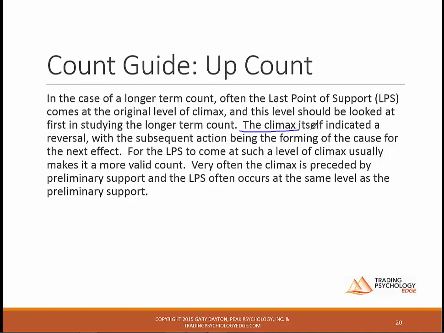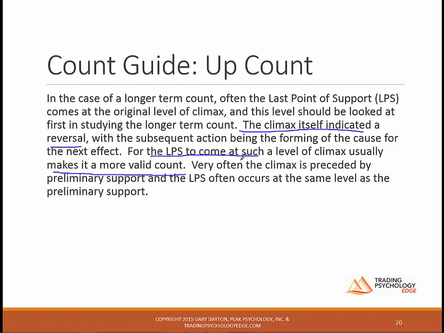And the climax, when that occurs, indicates a reversal, with cause being formed for the next projection or the next effect. When the last point of support comes at the level of climax, it usually makes it a more valid count, and I've found this to be true as well.